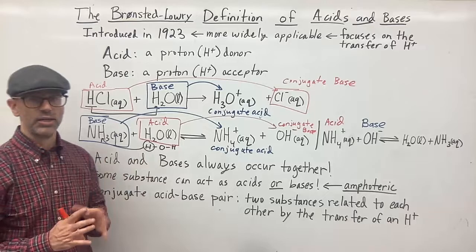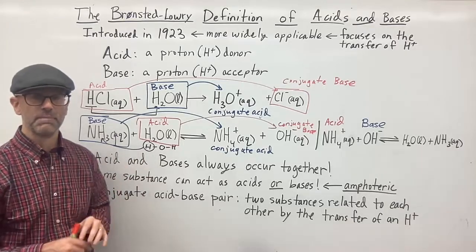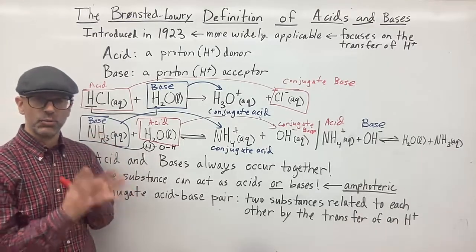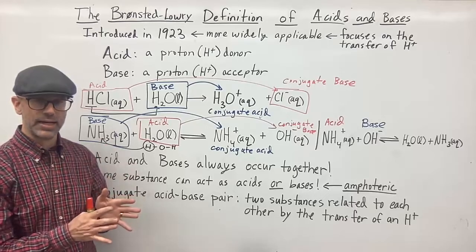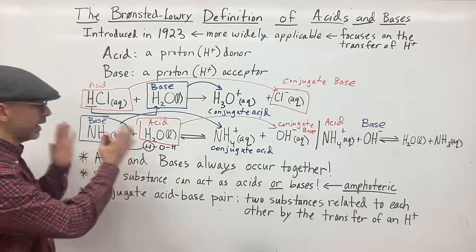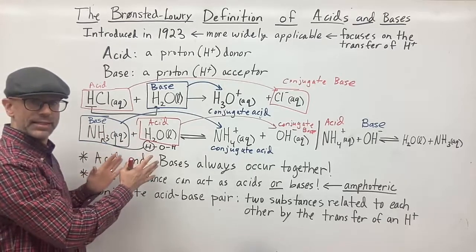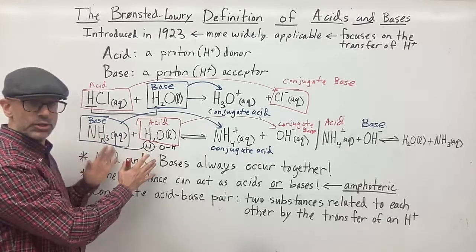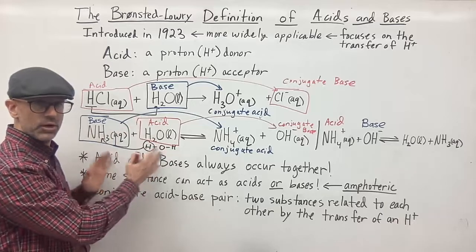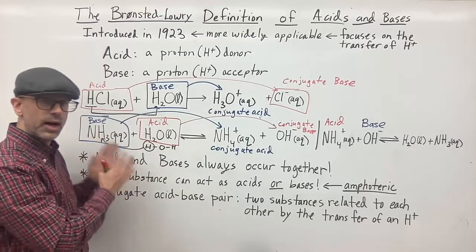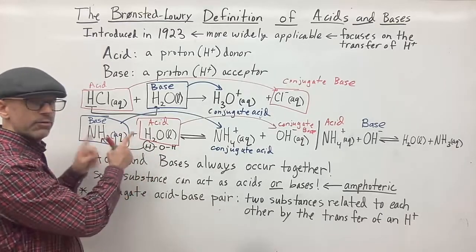Now there's something I want to point out, and this is the last thing: when we talk about conjugate acids and bases, those are not the reactants. Whatever's on the reactant side, that's what we refer to as the acid and base, right? So when we talk about conjugate acids and bases, we're not referring to these.